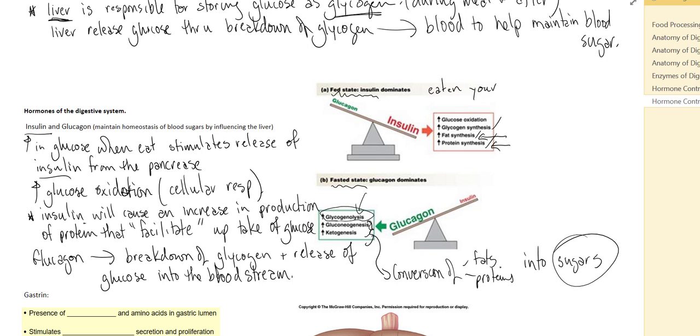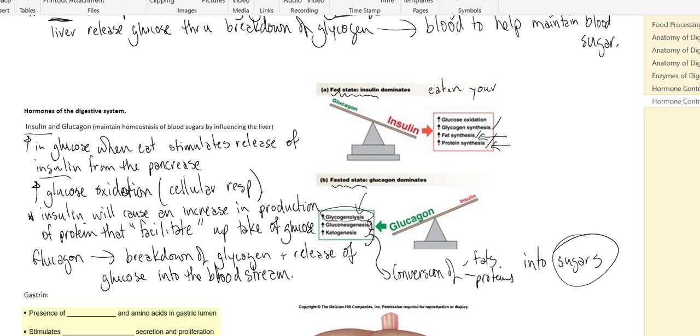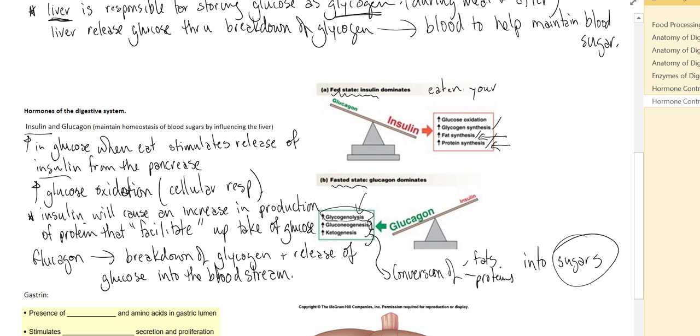And lastly here, the effects of glucagon can also stimulate ketogenesis. Now this we could talk about a little bit more in detail when we get into our nutritional aspect of this unit, but essentially this is the conversion of fats into ketones or ketone-like compounds.